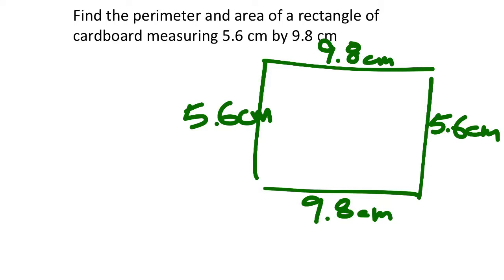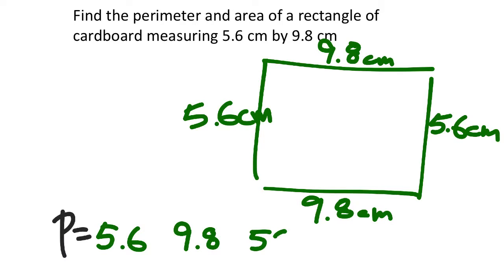Now if I want perimeter, I need to add all 4 side lengths together. So that's 5.6, 9.8, 5.6, and also 9.8. And yeah, like I said, we're just adding these together. So I'm just going to put this directly into my calculator. 5.6 plus 9.8 plus 5.6 plus 9.8.